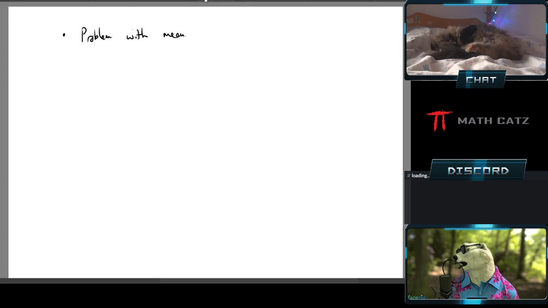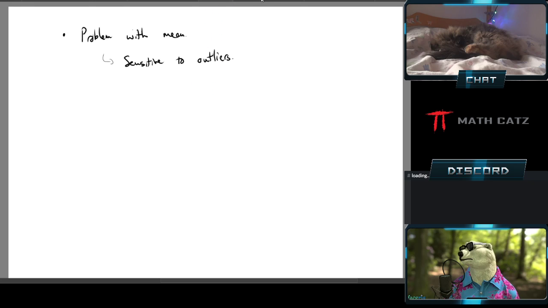So if I go back here, the problem with the mean is it's very sensitive to outliers. Those outliers in the calculation will pull it towards them when they kind of shouldn't.